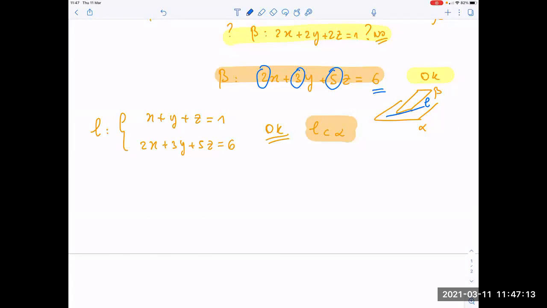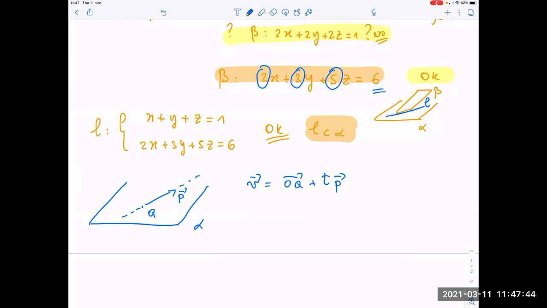Well, you can take plane alpha, then I take a point Q on plane alpha, then I choose a direction vector P, and I will produce a line. So the line equal, say, OQ plus T times P, okay? That would be a new line.